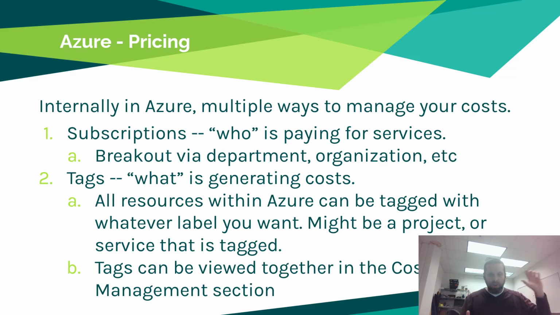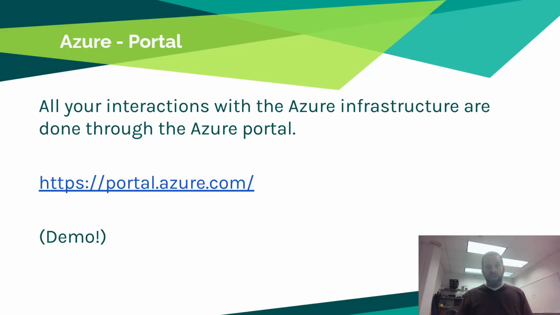I can label this as project employee retention, and then search in my Azure portal for these tags to see which ones are creating costs and costing money. Within the cost management section of the portal, these tags are very useful, and I highly recommend tagging any resource you deploy in Azure appropriately for cost reasons.